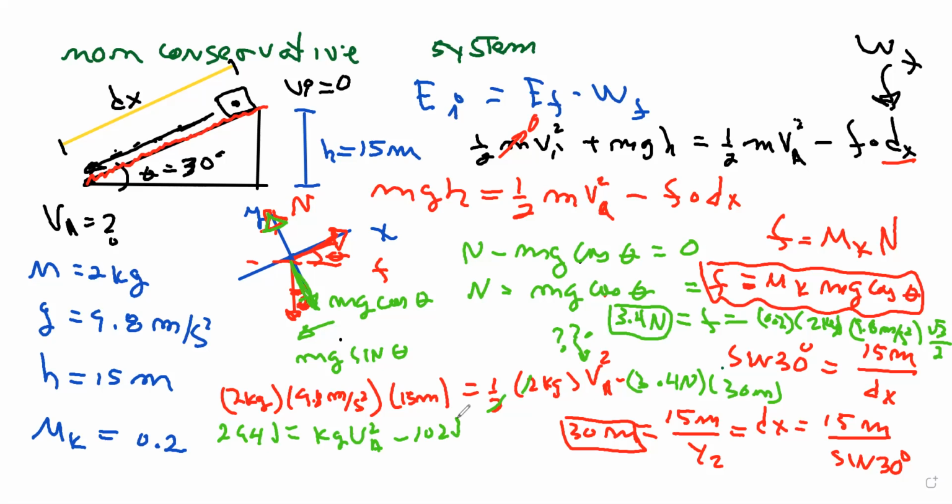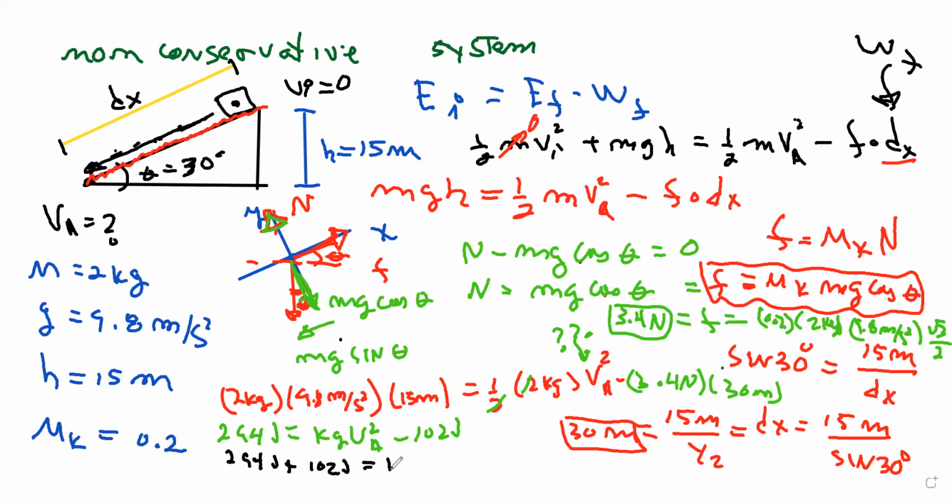102 joules. And now you have 294 joules plus 102 joules is equal to kilogram times velocity at A squared.